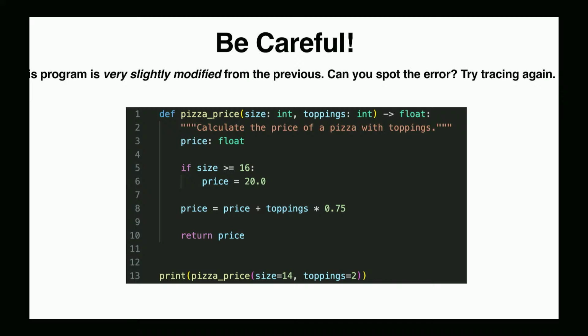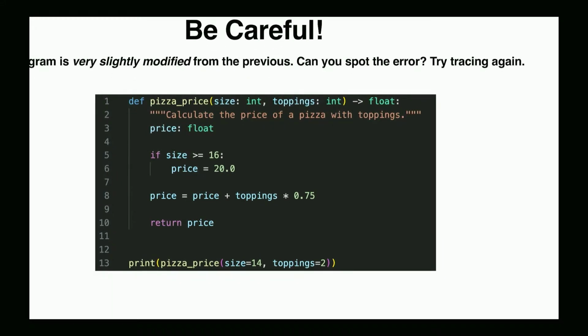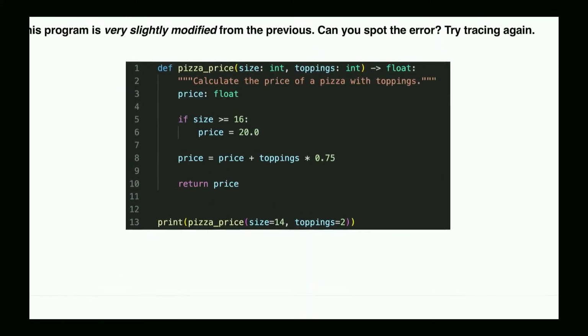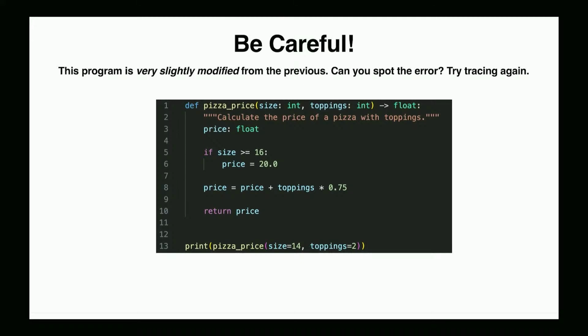Yeah, there is a problem here. So as was correctly identified, if we imagine how this would work out, right? I'm just going to have pizza price, and my RA is 13, my size is 14, my toppings 2.